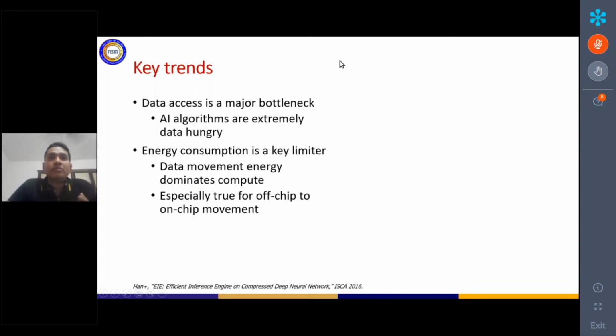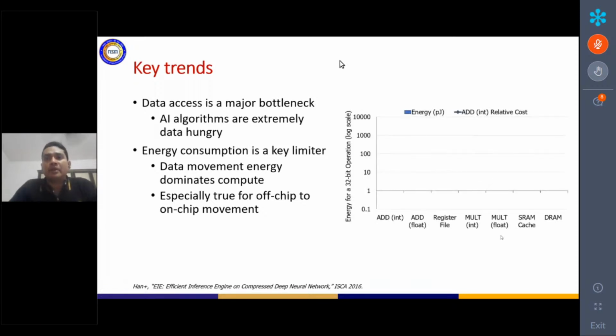So that is why energy consumption is a key limiter of this data movement, and data movement itself is energy hungry, because if you see this graph of data access energy consumption versus data computation.